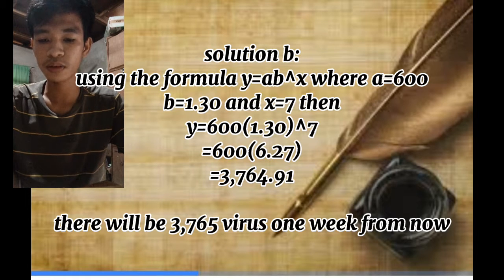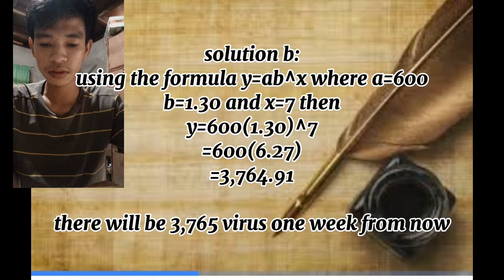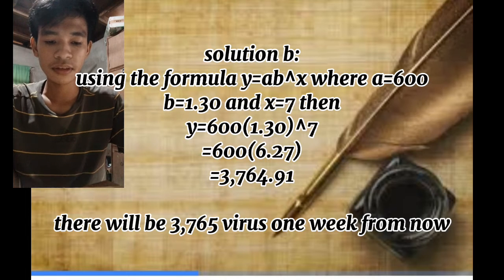So, let's solve this, first 1.30 raised to 7. We have 6.27. Then multiply by 600. So, we have 3,764.91. So, let's round off this to 3,765, guys, because there is no such thing as 0.91 of a virus. So there will be 3,765 viruses 1 week from now.